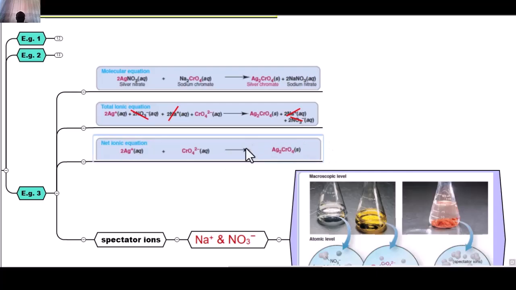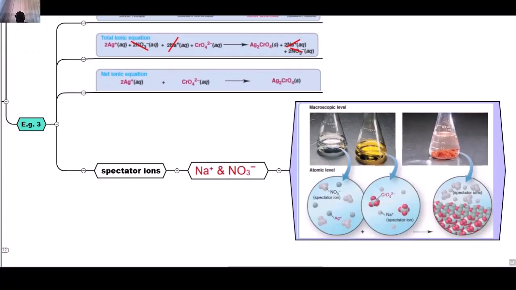So from this net ionic equation, which ions do not exist in the net ionic equation? As you can see from here, sodium ion and nitrate ion do not exist in this net ionic equation. So these two are spectator ions.